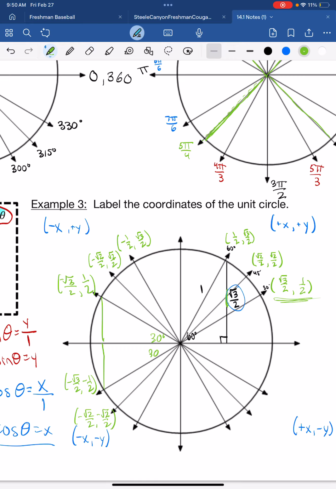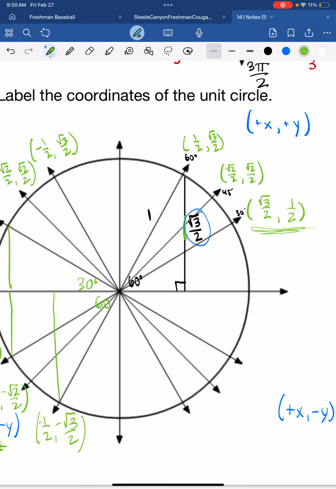So x's and y's negative, as we wrote down here. And then this one would be your 60-degree reference angle, if you dropped your amplitude or altitude, I can never figure out which. And so this will flip. So we'll have negative 1/2, comma, negative root 3 over 2 right there. Okay.